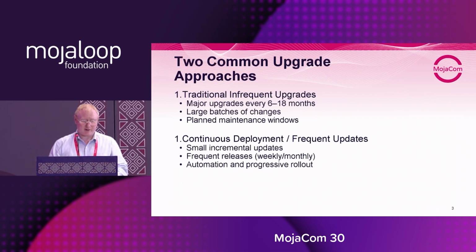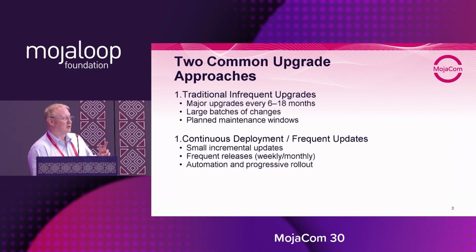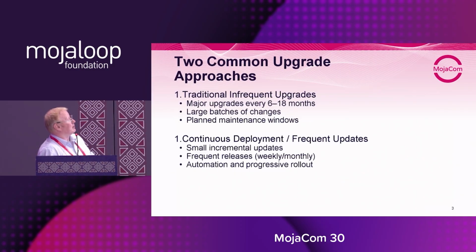In this deck, I'm going to highlight two opposite ends of the spectrum. First, more traditional infrequent upgrade cycles that people who manage core banking systems might be familiar with, where your major upgrades happen quite infrequently, every 6 to 18 months, maybe even longer, 2 or 3 years sometimes. Those upgrades tend to batch together a large number of changes in one big upgrade.